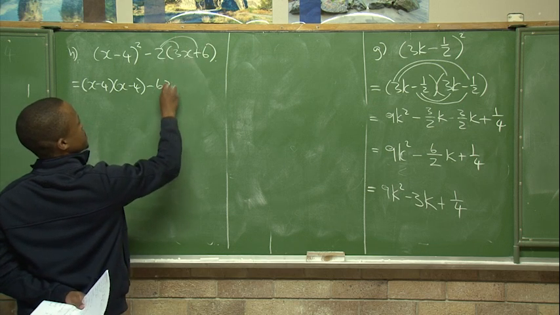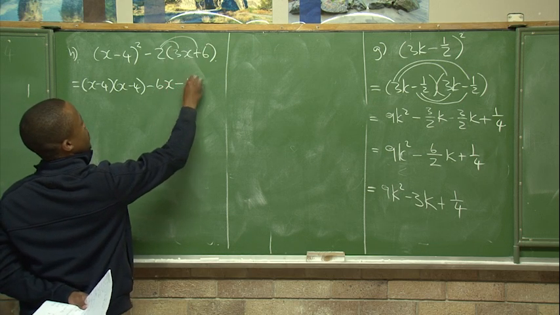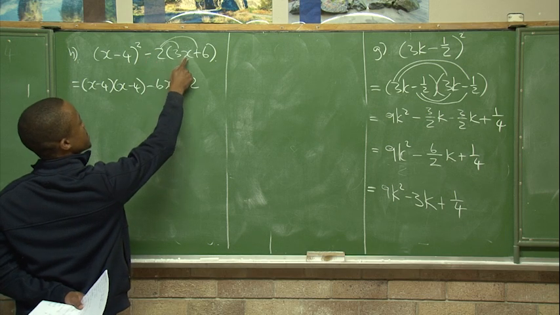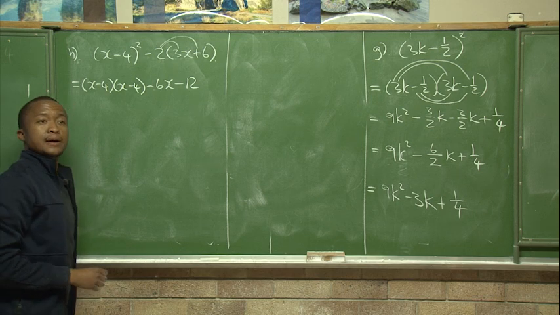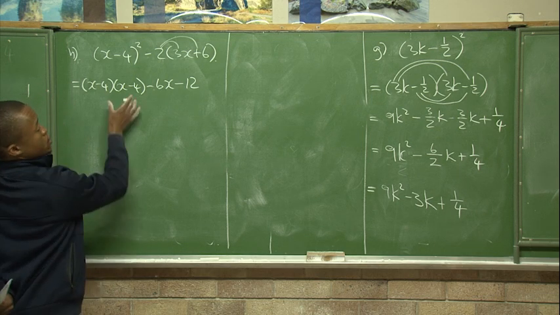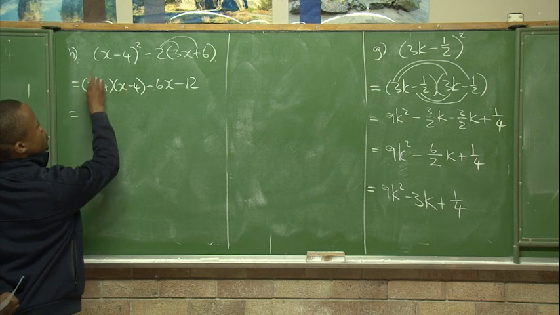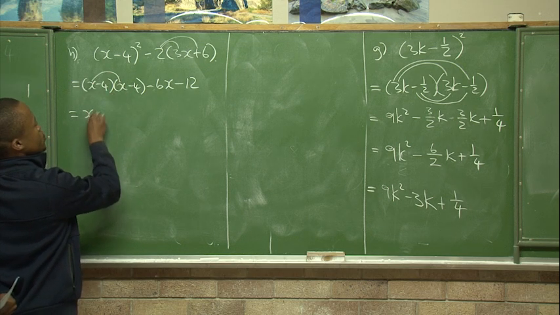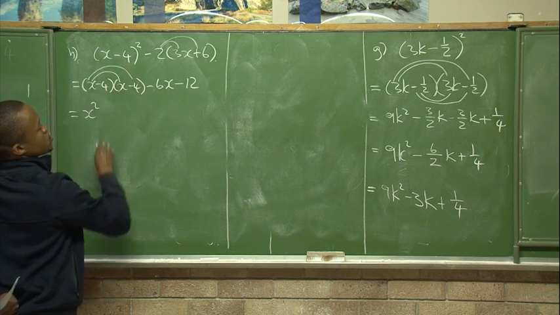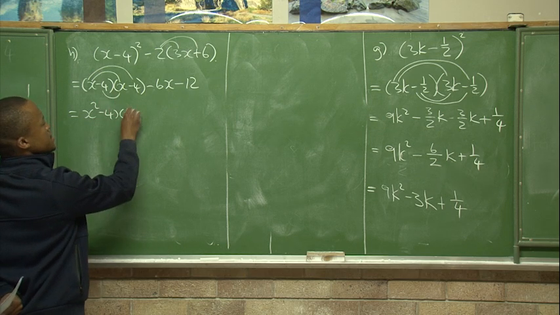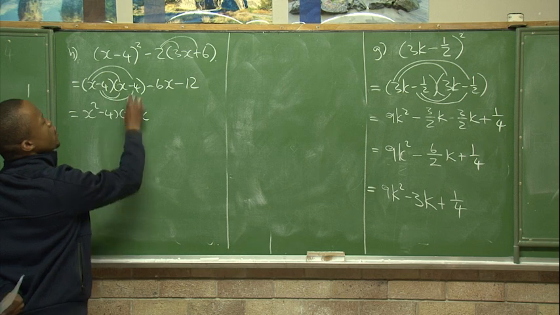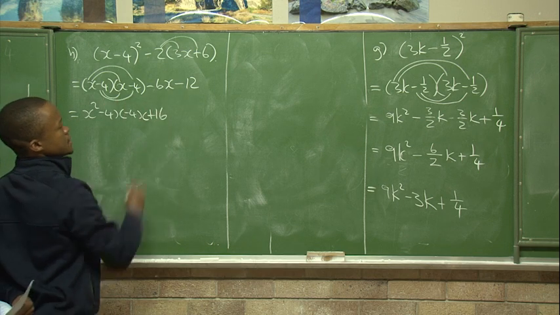So negative 2 times 3x gives us negative 6x, and negative 2 times 6 gives us negative 12. For the binomial, we multiply x and x, so we get x squared; x with negative 4 gives negative 4x; negative 4 with x gives negative 4x; and negative 4 times negative 4 gives positive 16.